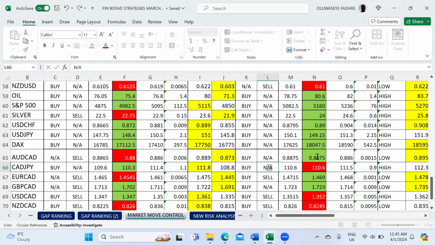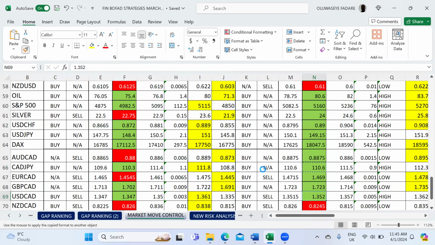Okay, so we change it to a green. From 1.454 to 1.469, that's a buy too. From 1.347 to 1.352, that's a buy too. From 1.702 to 1.723, that's a buy too. Okay. From 0.826 to 0.845, that's a sell.